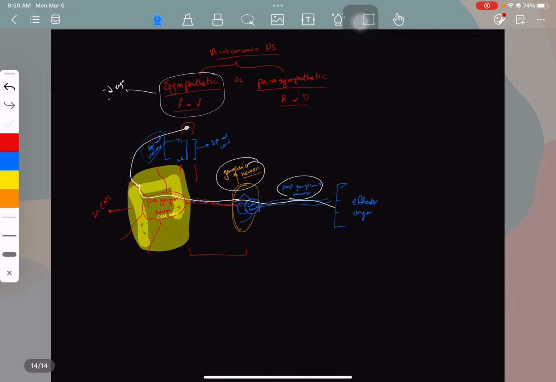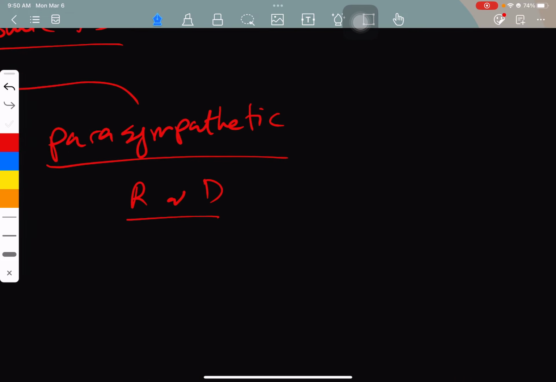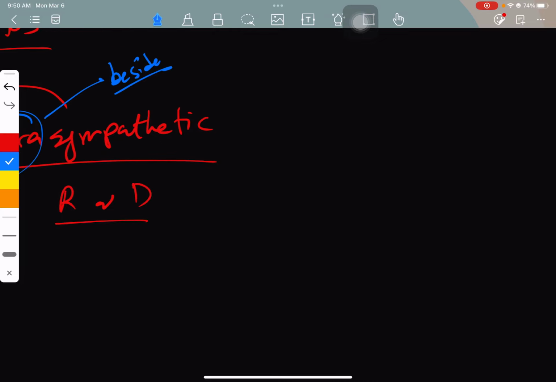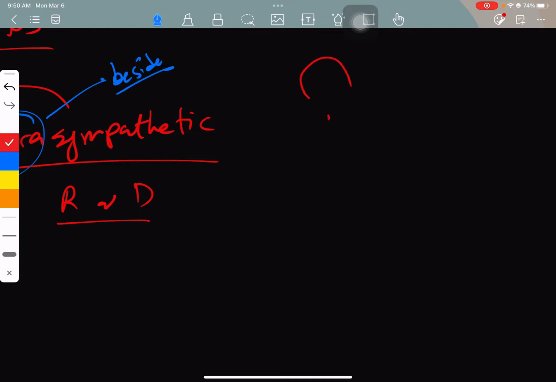But you have the parasympathetic division. Para means beside. So literally, it is beside the sympathetic. So what does that mean? Well, let's say that's your head. Then you have the spinal cord, and then the rest of your body.